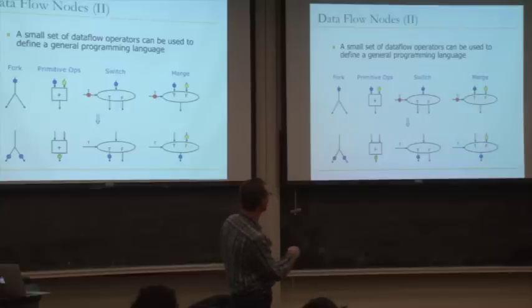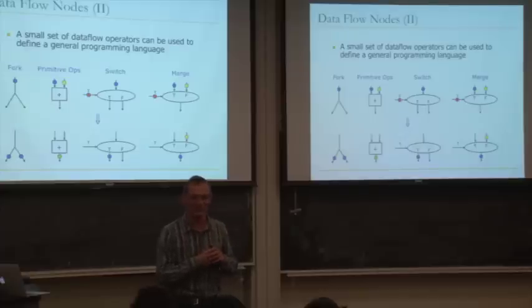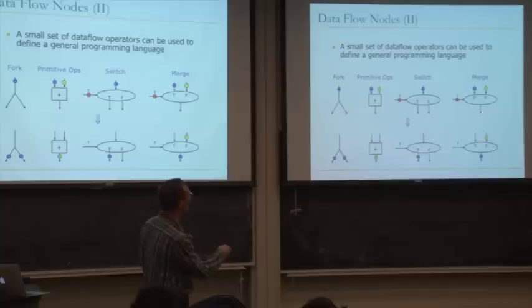Now, in this case, you don't really need to wait for all of the operands to fire this node, depending on the value that you have here. Does that make sense? Because if this is true and the true input has arrived, then you know what to take. But that may be complex to implement. So normally you would wait for all of the inputs to arrive and then pass the appropriate input to the output.